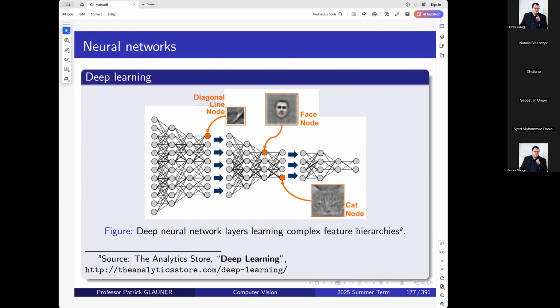And this works for images, it works for speech, it works for text, for sensor data, that we learn on our own increasingly more complex features that we then use for some task, like classification or regression, whatever. But the actual task is just the very end of the neural network. So most of it is the feature detectors.